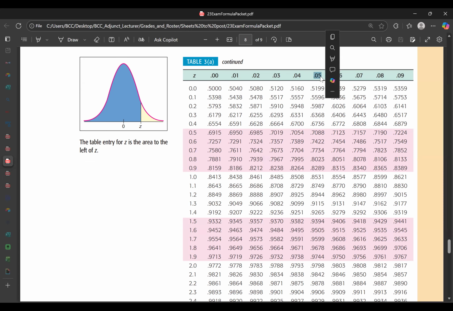At the top is the hundredths place, and the sides is the tenths and the ones place. So look at where they intersect. So what is it? 87 point what? Say it again? So 87.49.